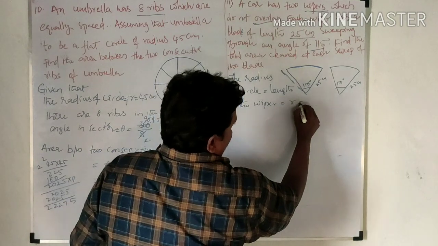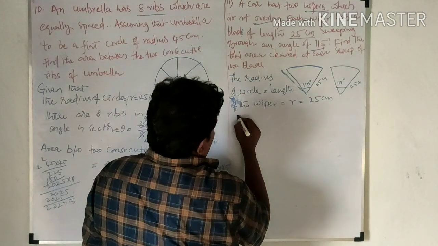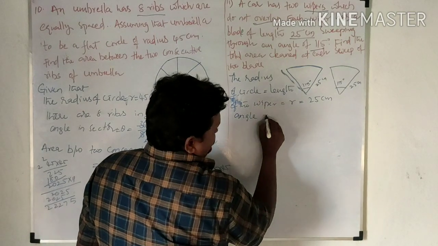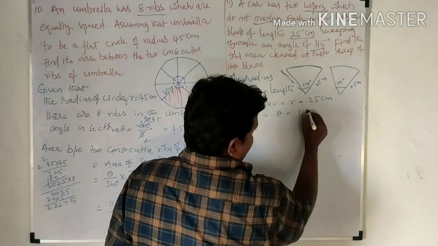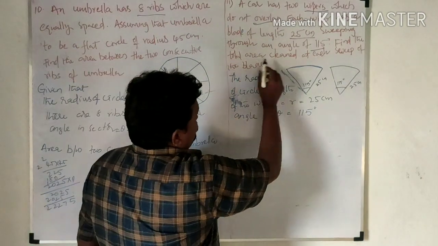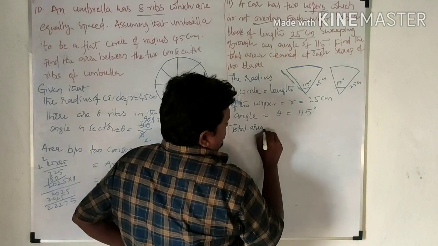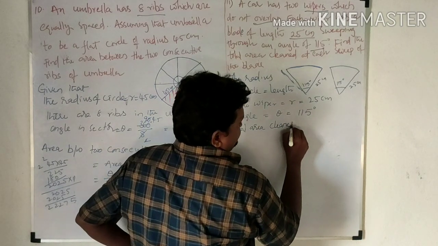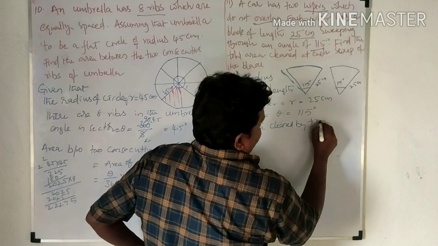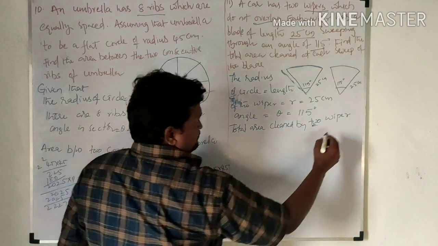That is R equal to 25 centimeters. Therefore, the angle theta is equal to 115 degrees. Now, what is the total area? The total area cleaned by two wipers. How many wipers? Two wipers.